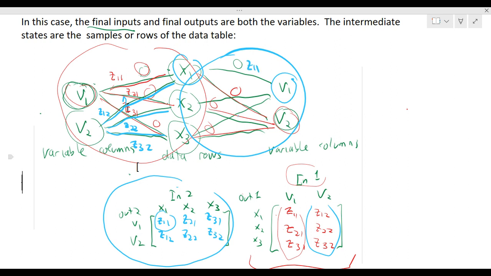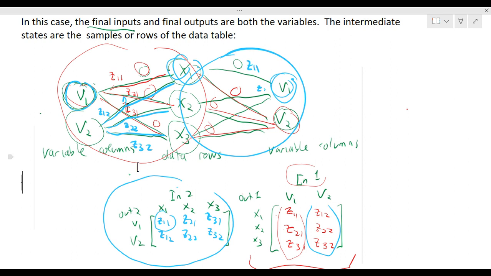And you can also note the symmetry here. This Z11 here that connects the V1 here to the X1 here is going to be the same value as that connects from X1 to V1 back again. So the same way that we've labeled this Z11, Z21, Z31, that's going to be Z11. Then Z21 will be the entry that relates V1 to X2.